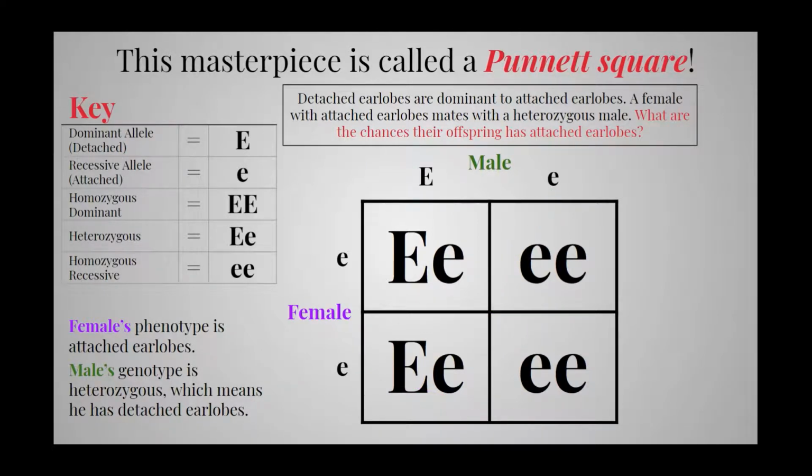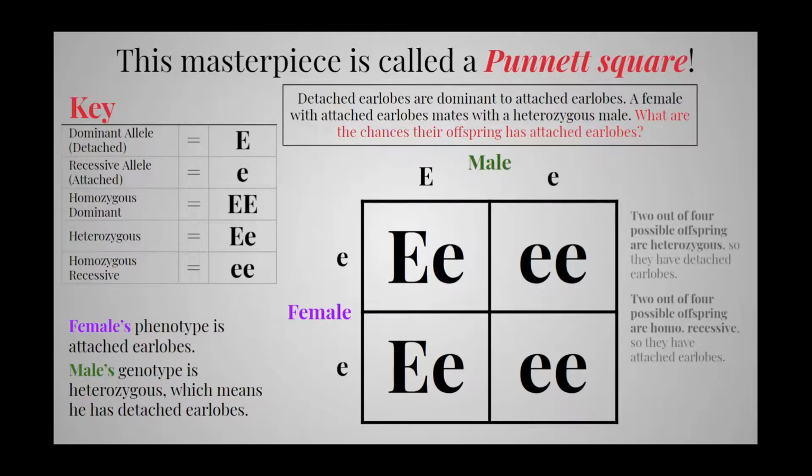Now that I've got my Punnett square filled out, I can actually begin the process of analyzing these genotypes so that I can answer the question. Well, what I see in these genotypes is that 2 out of 4 possible offspring are heterozygous. So they have the detached earlobes.